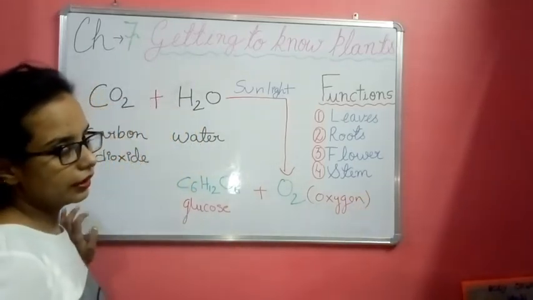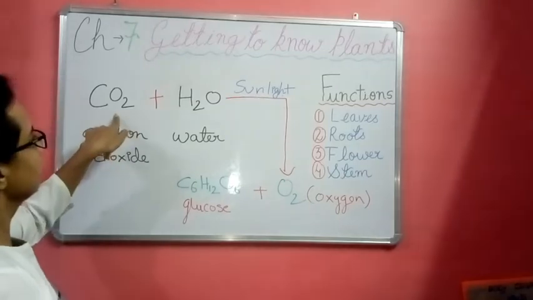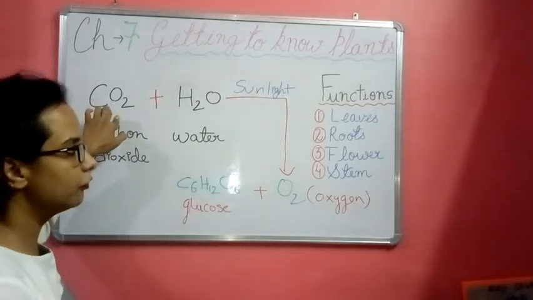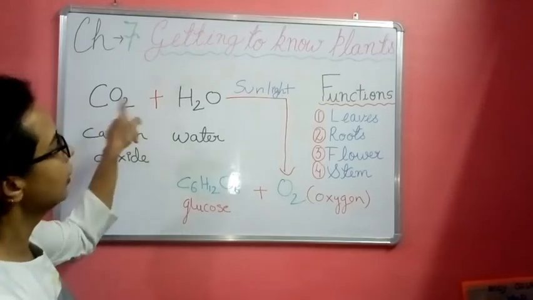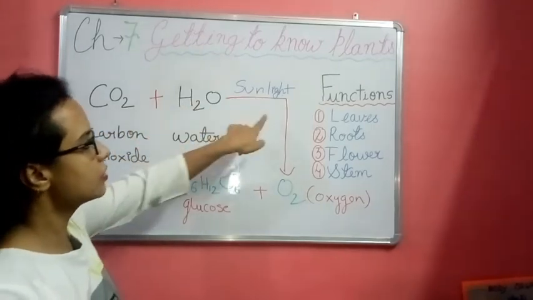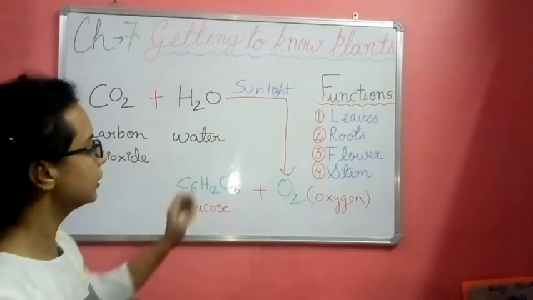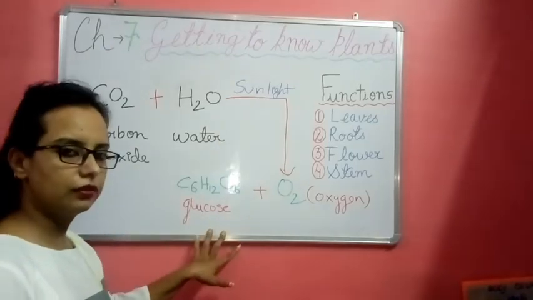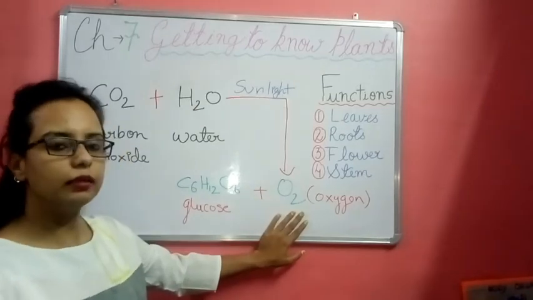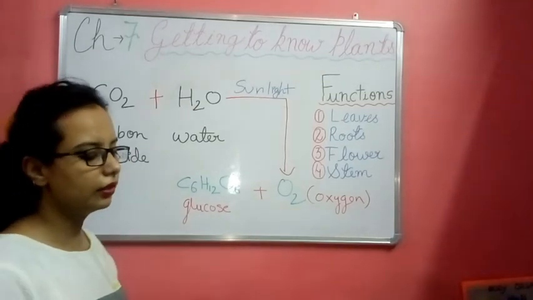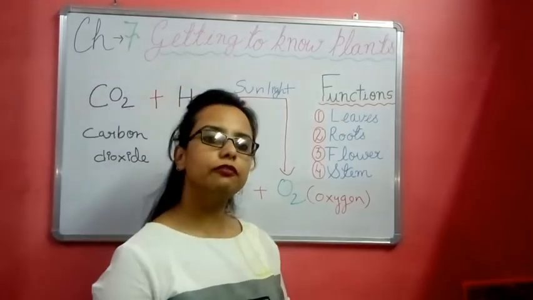So let's understand it once again, revise it. For photosynthesis, the plant needs carbon dioxide and water. In the presence of sunlight, it converts this into glucose. Glucose is the food of the plant, and it liberates oxygen. So this is the process of photosynthesis.